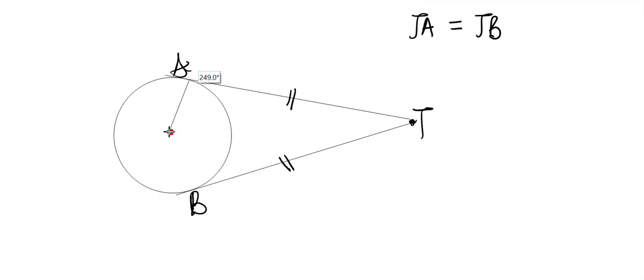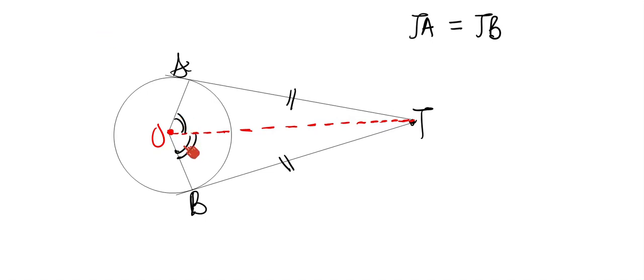So let's have the radius. They must subtend equal angles at the center of the circle. Let's say this is O, so let's join OT. Subtending equal angles at the center of the circle simply means the angle here and the angle here will be the same.